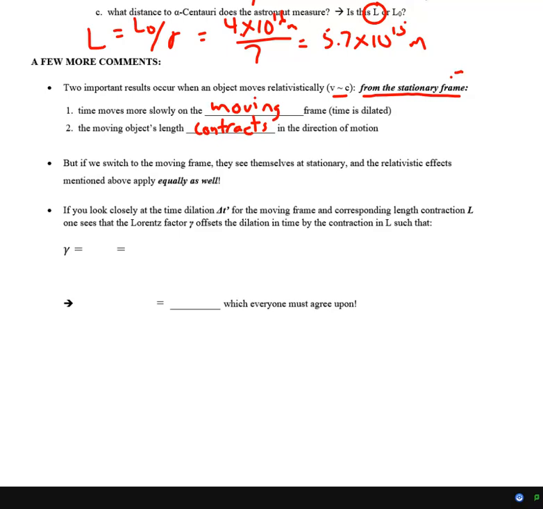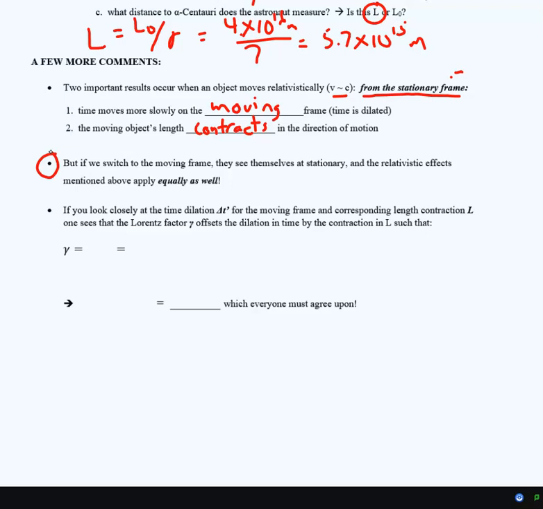Oh, I'm sorry, I jumped ahead. At this point, it's really important to understand that if I'm on the Earth watching somebody go by at a relativistic speed, I will see a length contraction and a time dilation. But from their frame of reference, they don't see themselves moving. They see us moving, and they would say the same thing as well.